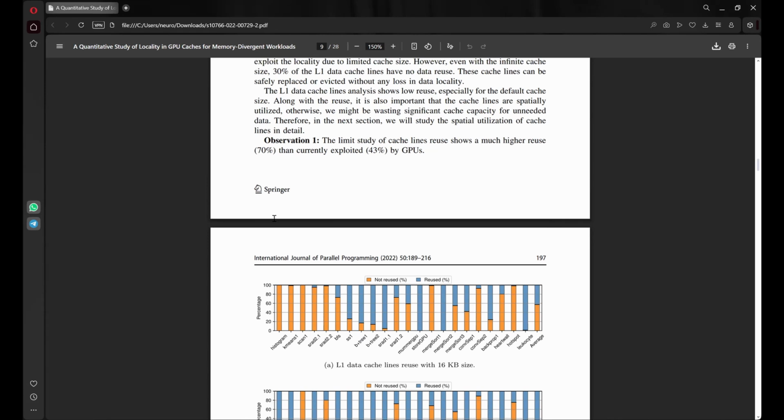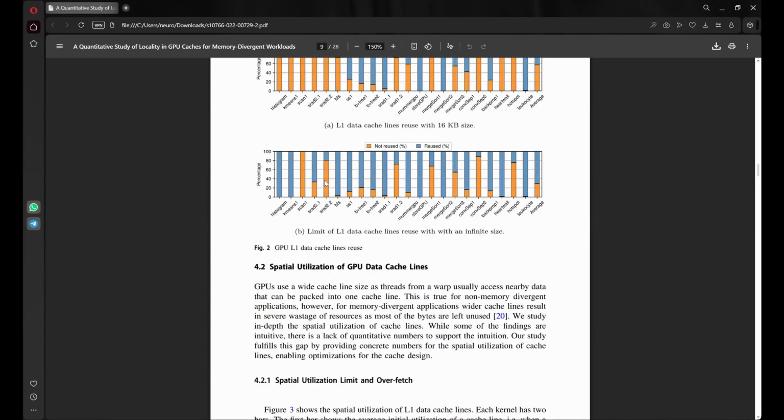If a certain segment of a 128 byte cache line is known to never be referenced, then we just don't bring that in. So ideally this should be at 100%.